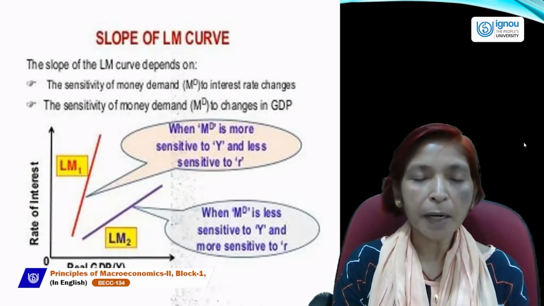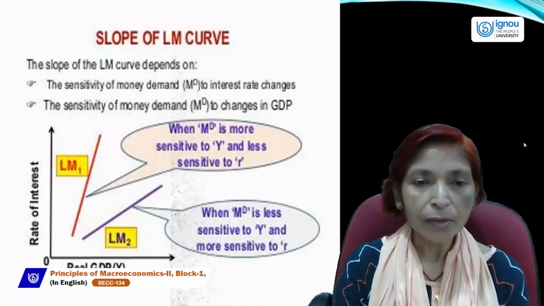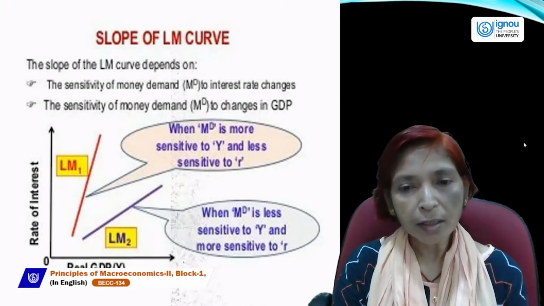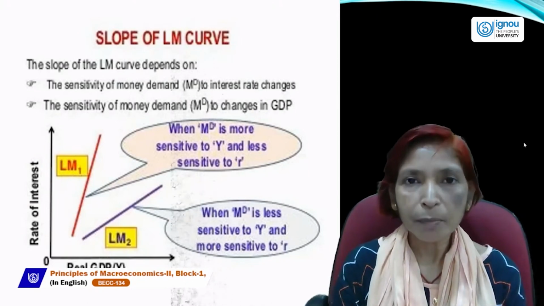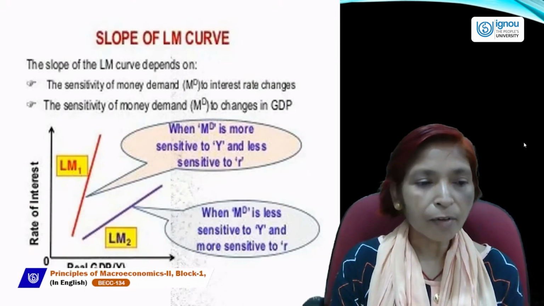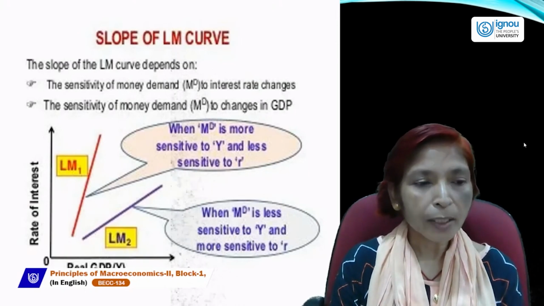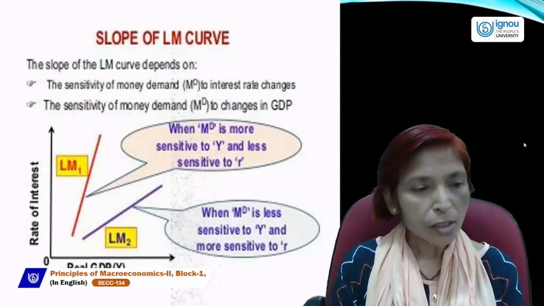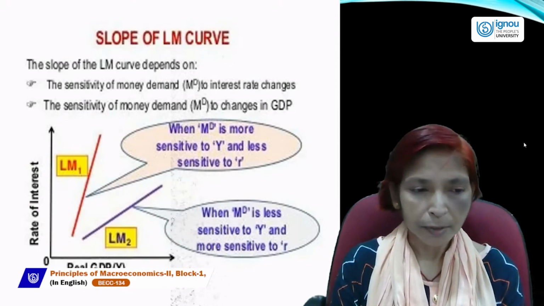And if money demand is less sensitive to the interest rate and less sensitive to the level of income, then the curve will be steeper. Here the LM1 curve is showing a steeper LM curve, which is generally inelastic in shape.